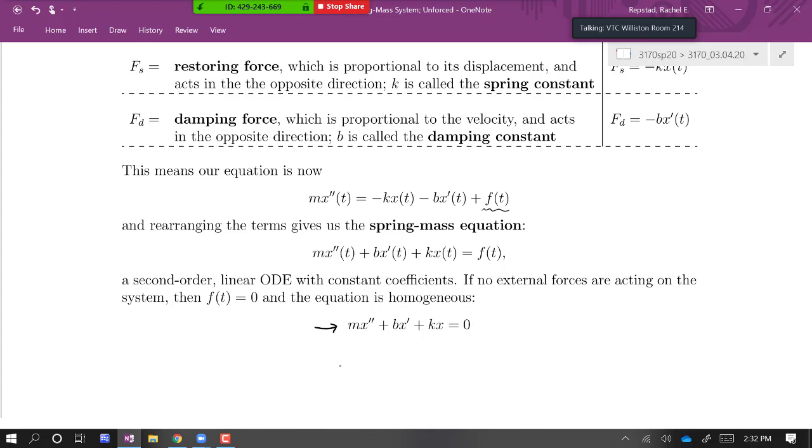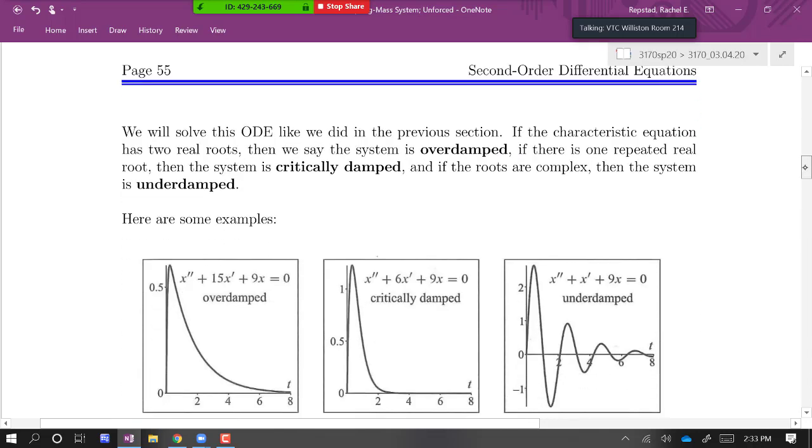So we have this nice homogeneous equation, which we know how to solve. And depending on what that constant b is, what that damping constant is, we'll get different behaviors. If we were to graph x of t over time, we get different behaviors in what that displacement ends up looking like.